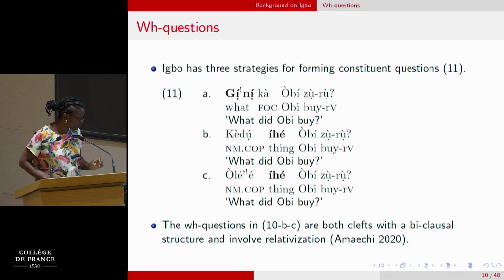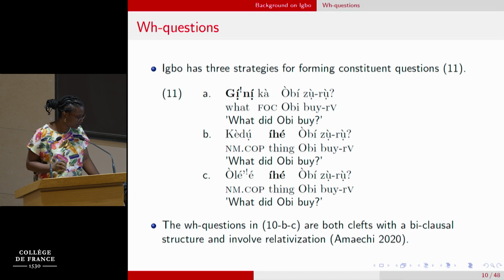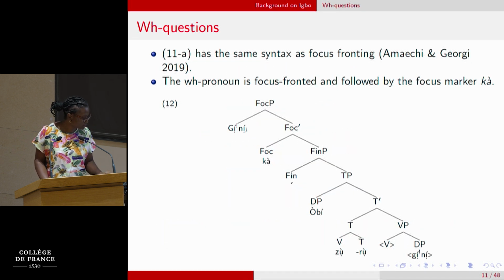But I will show you later that in these cases, we only get it with non-local subjects and objects. So with local subjects, you never get the ka element. And so apart from this WH question that involves focus, we also have some other kinds of WH questions, as in the ones exemplified in 11B and C. These ones, I've argued that they involve relative clauses.